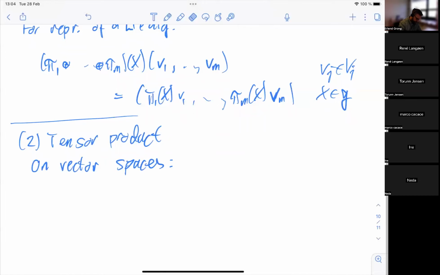So the easiest way to define them is as follows. Assume that V and W are vector spaces over either the real or the complex numbers.